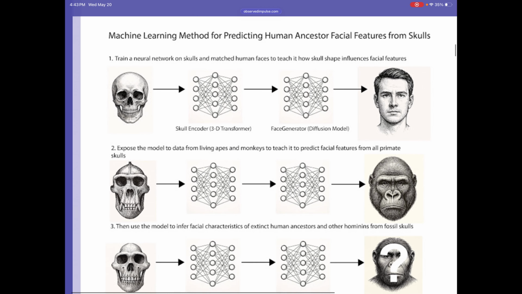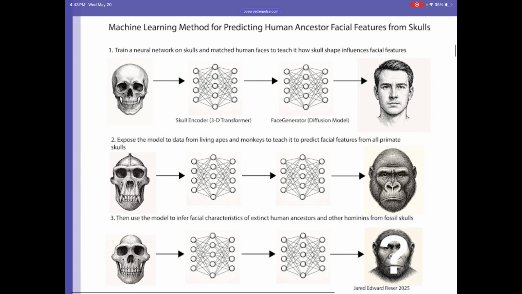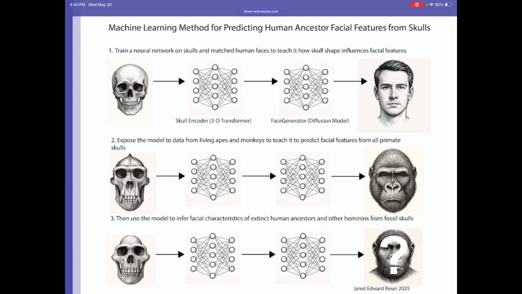So let's take a look here. This is the diagram that I made to represent this. This is a machine learning method for predicting human ancestor facial features from skulls. First, you train a neural network on skulls and matched human faces to teach it how skull shape influences facial features. Basically, you're turning the skull into a number and you're turning a picture of the face or a model of the head into a number.